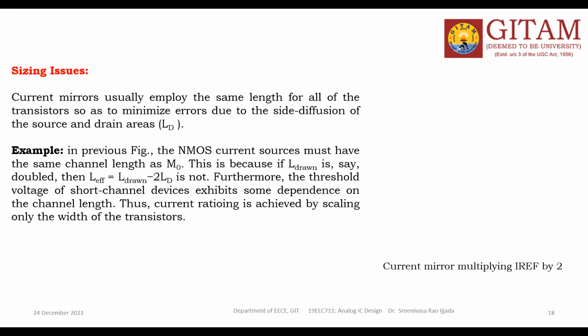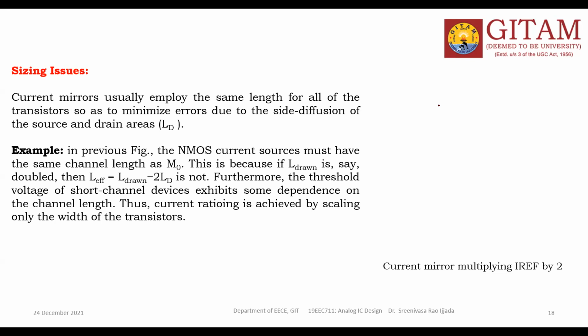The threshold voltage of short channel devices exhibits some dependence on the channel length. Thus, current ratioing is achieved by scaling only the width, not the length. VTH, the threshold voltage of a device, is strongly influenced by the channel length also. If the channel length decreases, VTH also decreases.